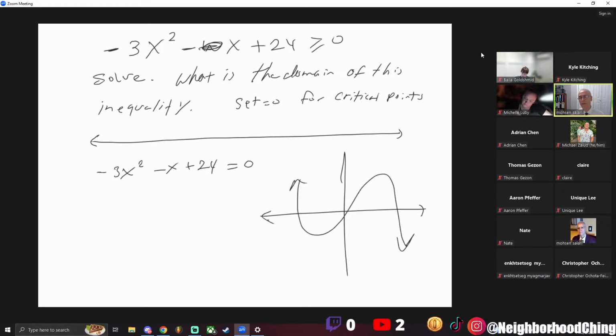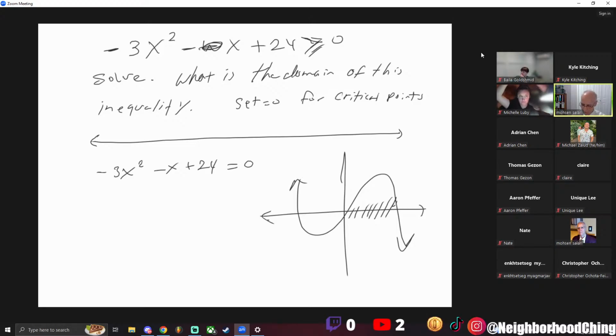And the question is asking, for what is the domain? What are the total numbers that would make this inequality true? Just looking at the graph, you can see that somewhere in between two different values, the graph is going to be above the x-axis, because this is greater than or equal to 0.